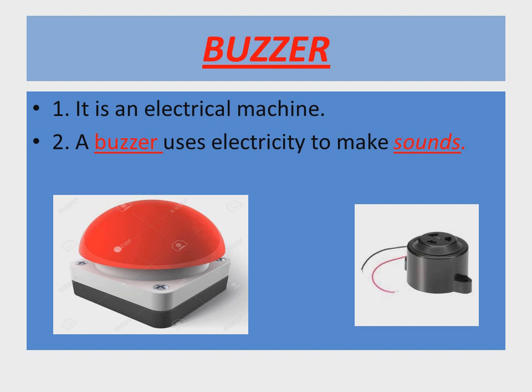In this unit we will learn about the buzzer and about the motor. So first one is buzzer. What is the spelling of buzzer? B-U-Z-Z-E-R, buzzer. What is a buzzer? You can see on your screen there is a picture of a buzzer. It is a red color picture. A buzzer is an electrical machine. Electrical machine means any machine or any object that works with electricity.